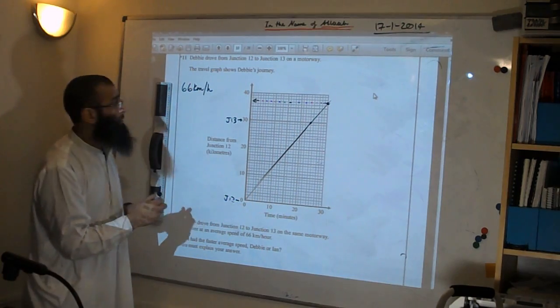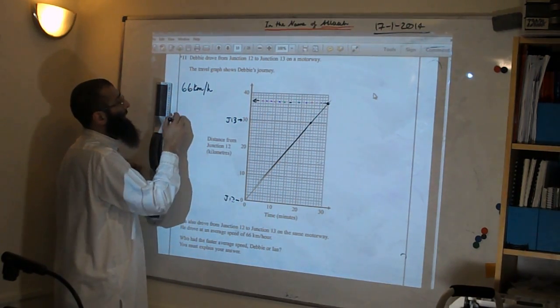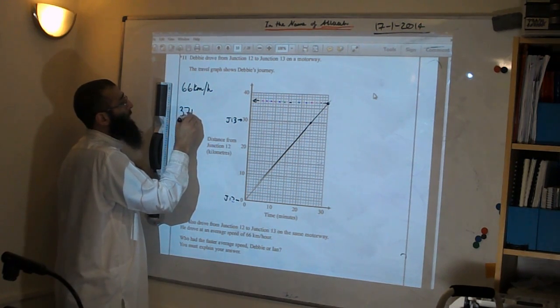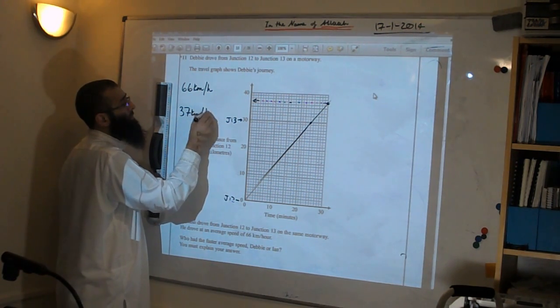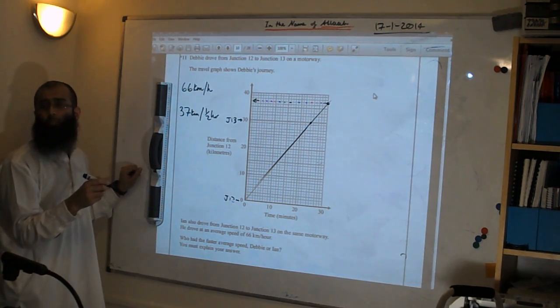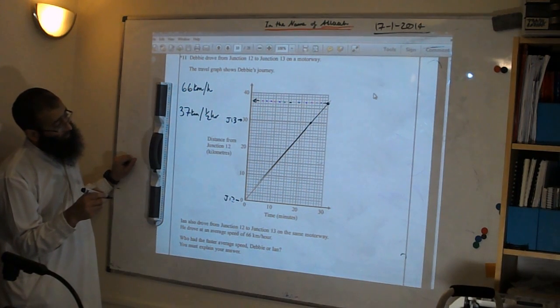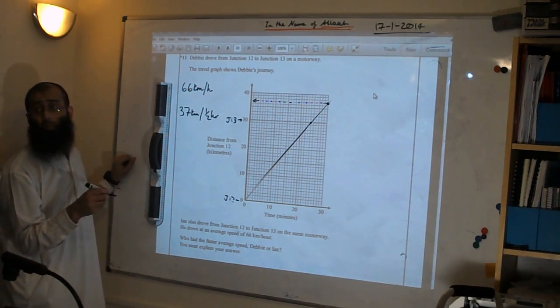So according to this graph, she is traveling at 37 kilometers per half an hour. So how fast is that per hour? 74.